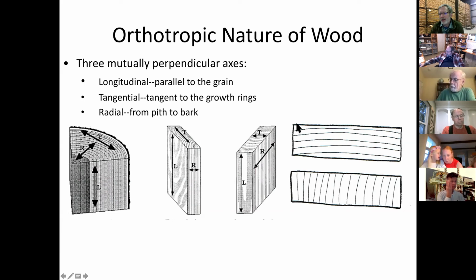So the width of a plane sawn board, because it's tangential, is going to shrink twice, percent-wise, as much as the thickness. Okay? A quarter sawn board is going to shrink in thickness, percentage-wise, twice as much as it does in width. Okay? So that makes quarter sawn boards in width very dimensionally stable compared to a plane sawn board.